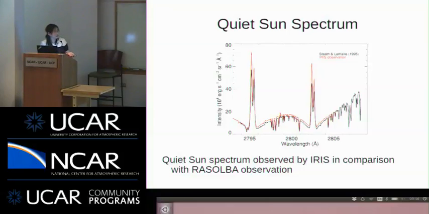To calibrate the IRIS spectra, we compare the spectra with the Rossby observations. The red one is from the IRIS spectra in the quiet Sun, and the black one is from the Rossby observations. We can see that in the wings of the magnesium lines, the intensity from IRIS is comparable with Rossby.